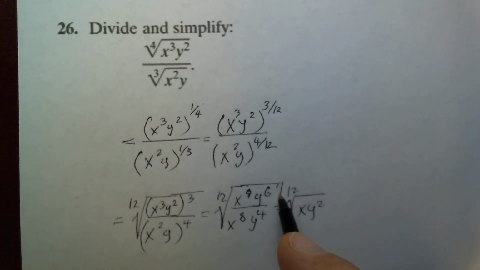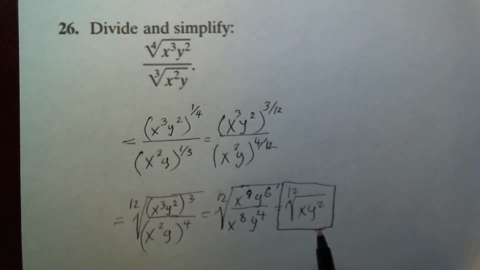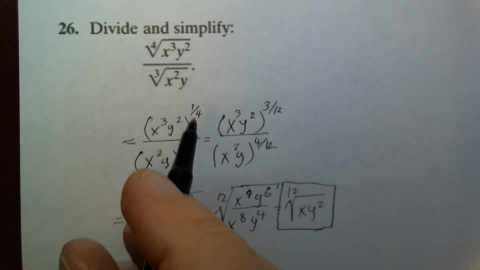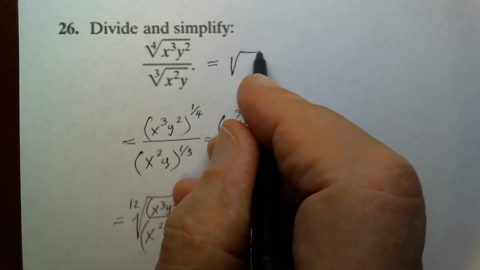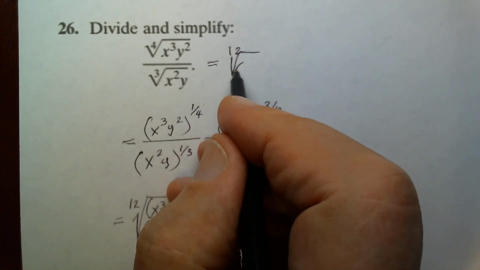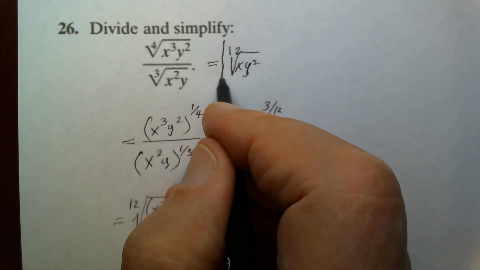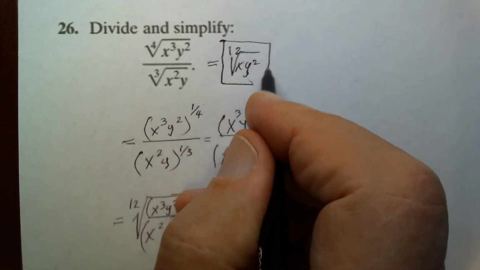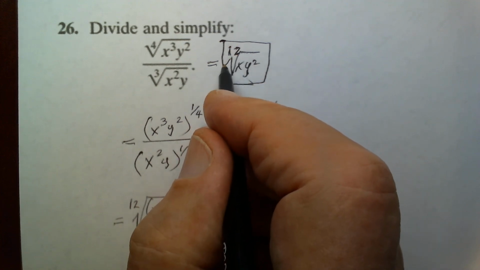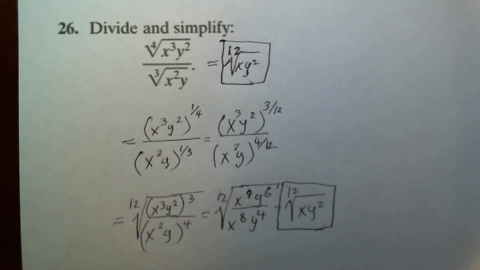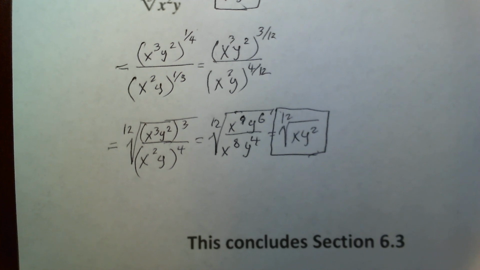So in other words, it is the 12th root of x y squared. So this simplifies to the 12th root of x y squared. So the index is 12. And this concludes section 6.3.